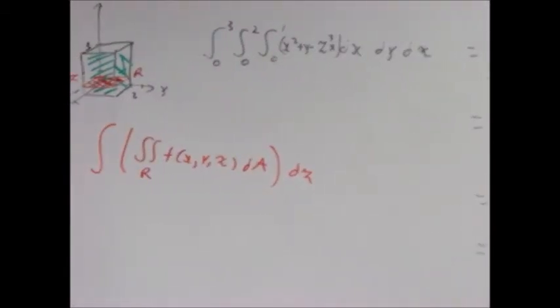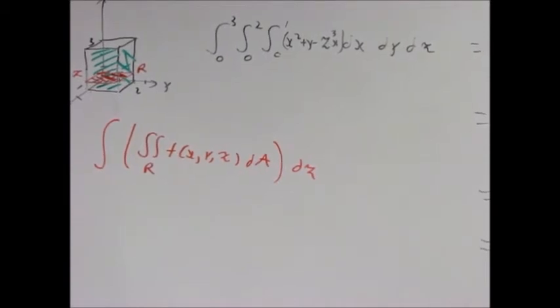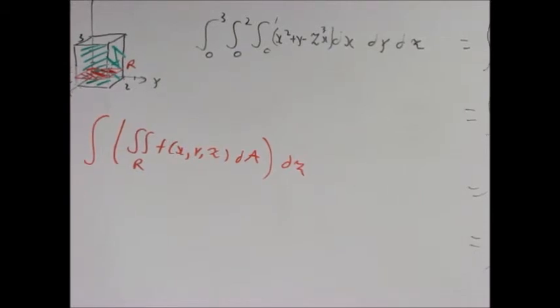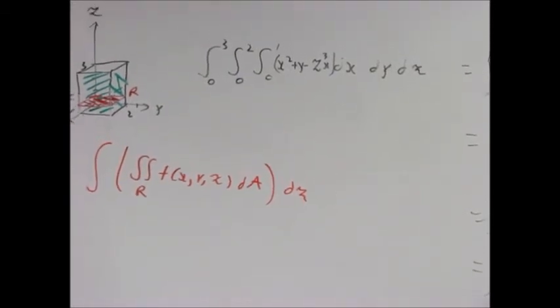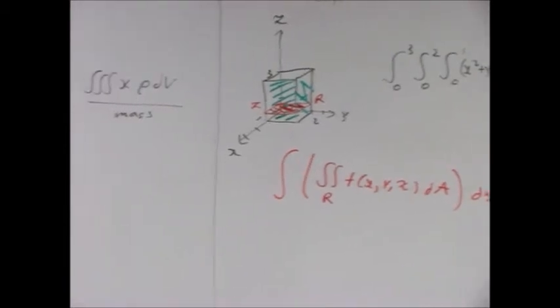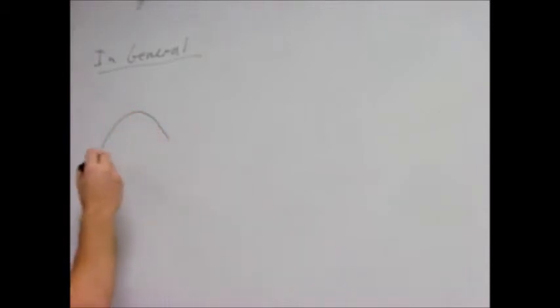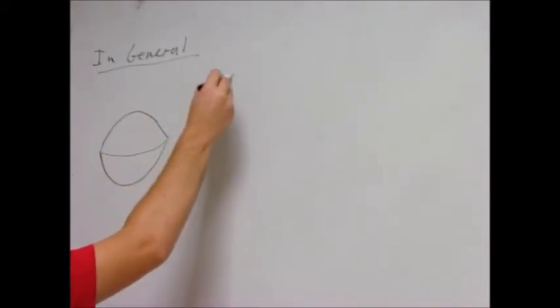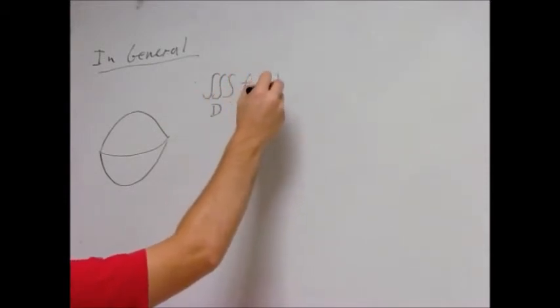So let's try to see how you would do it in the general form. In the general case, most of the time you would want to see which way is easiest to slice it. So in general, let's say we have some region that looks something like this. This is our region D, triple integrating our function dV.